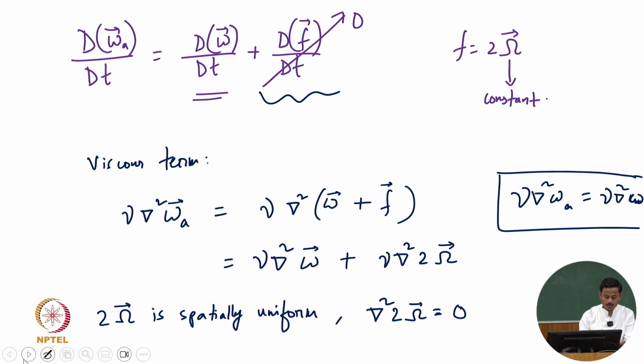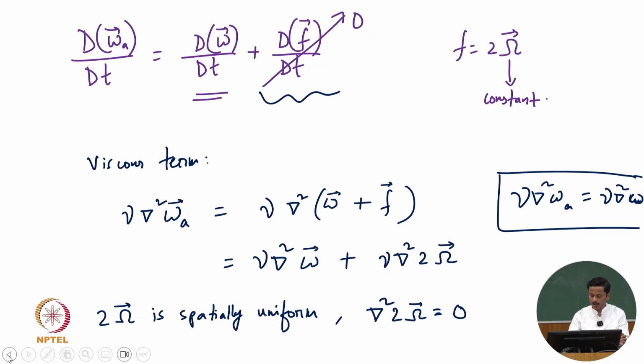So the vorticity equation in the rotating frame of reference has the absolute vorticity only in one term. We can give an intuitive explanation of why this viscous term does not include the absolute vorticity: viscosity kills gradients in vorticity, similar to how it kills gradients in velocity.